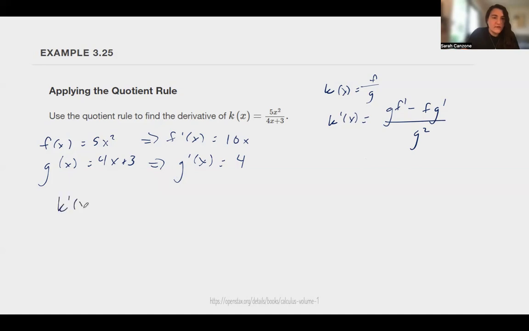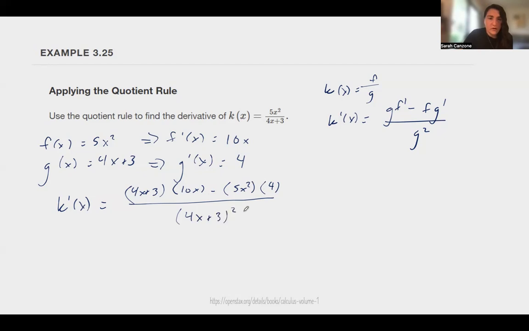So k prime of x equals g, which we said was 4x plus 3. And this is where parentheses are your best friend. Very, very important. Times f prime, which is 10x, minus f, which is 5x squared, times g prime, which was just 4, over, and then in your denominator, you always, always, always need parentheses. So your whole denominator, 4x plus 3, all squared.